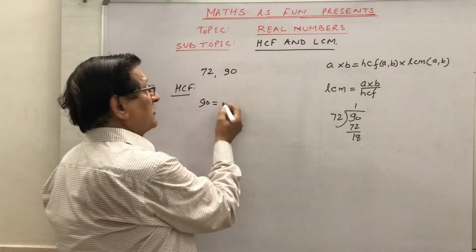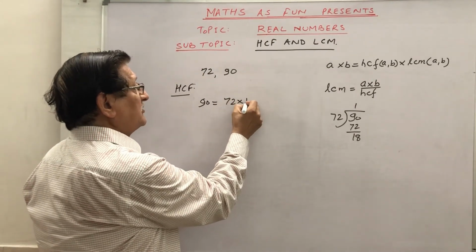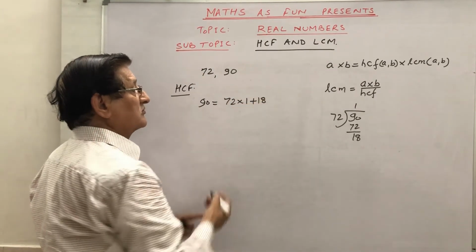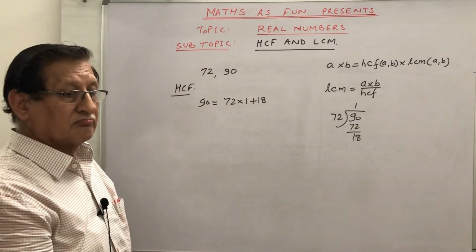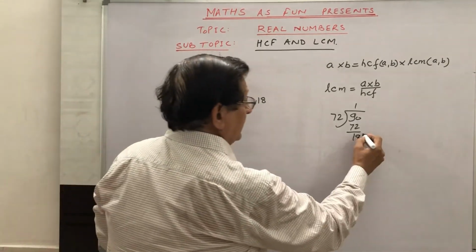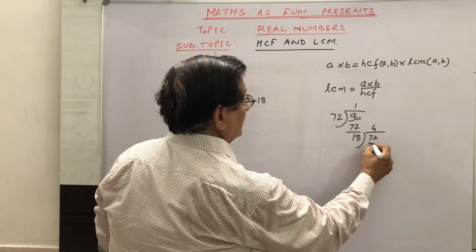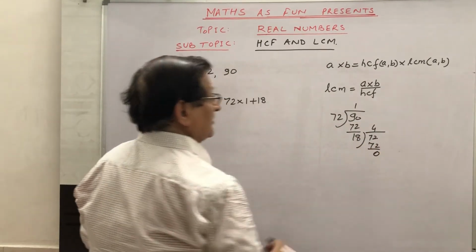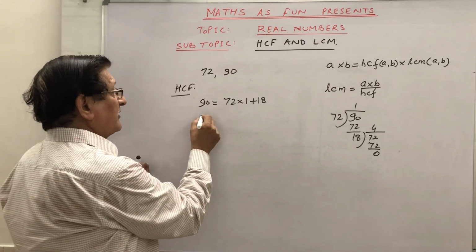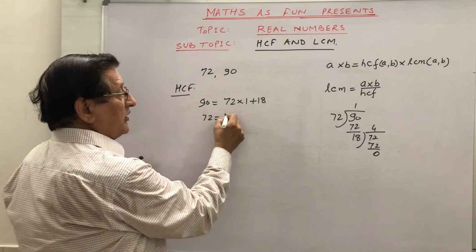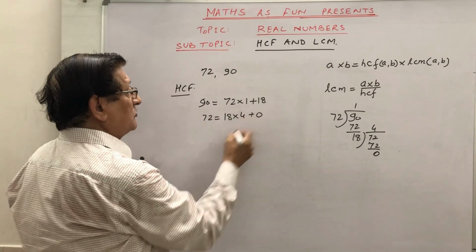So we can write 90 is equal to 72 into 1 plus 18. Then 18 is the remainder. We divide the divisor 72 by this 18, 18 fours are 72, and the remainder comes as 0. So we can write 72 is equal to 18 into 4 plus 0.